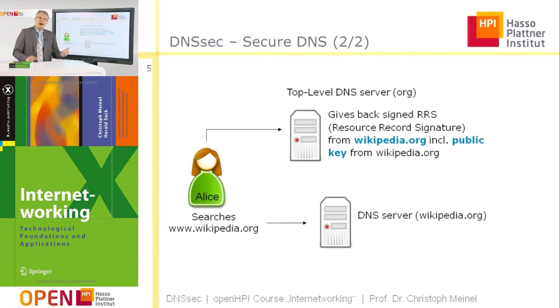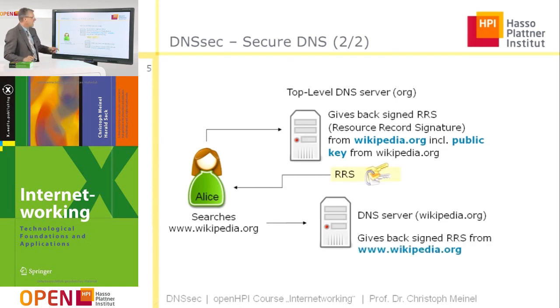By means of the public key, Alice is able to verify whether the information she got from the domain name server is really coming from the correct domain name server, or whether it comes from an unauthorized source. So the domain name server gives back the corresponding IP address, the name wikipedia.org, together with a digital signature.